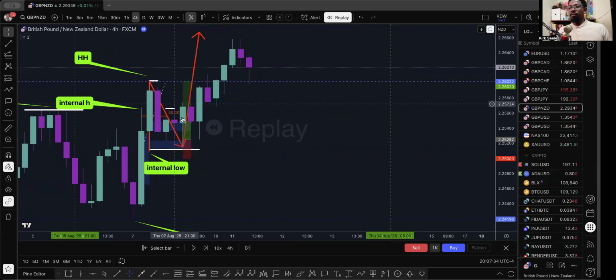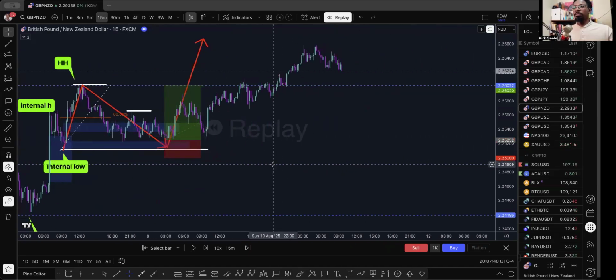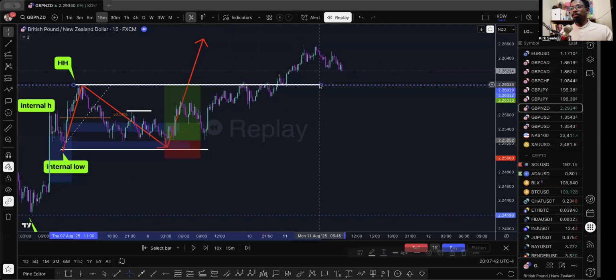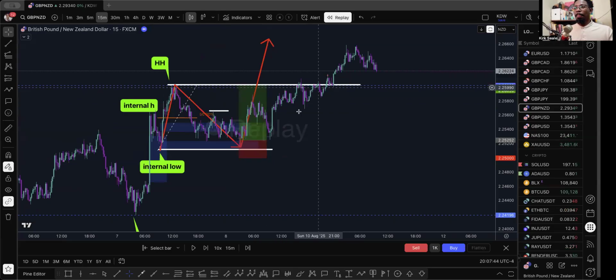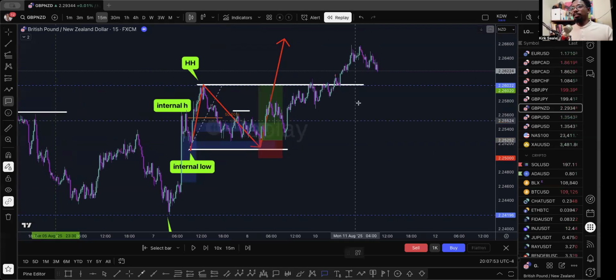All right, and this is what the 4 hour was looking like. All right, so we did trade above the external high, which then means that we got a new external high.